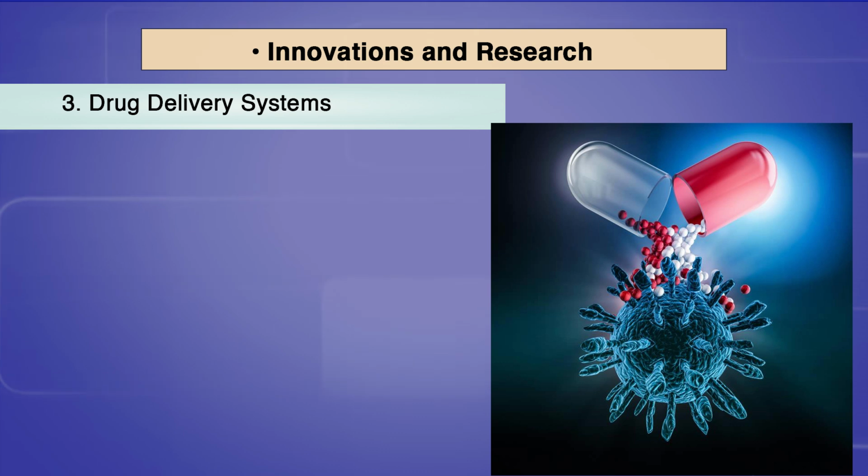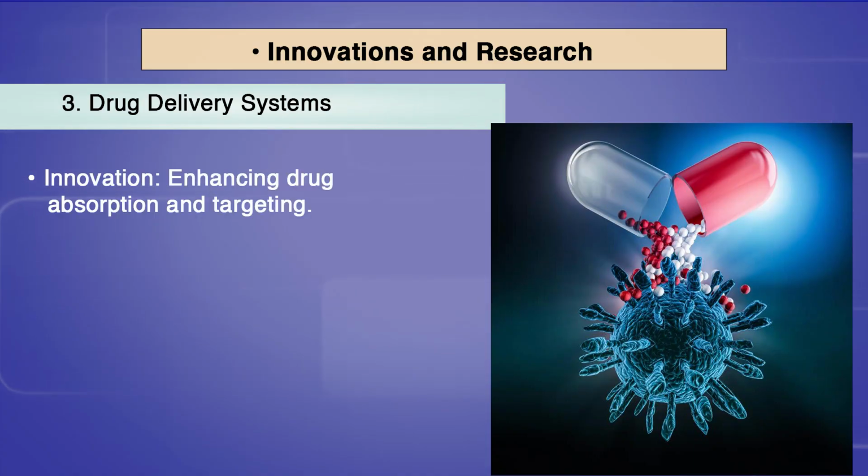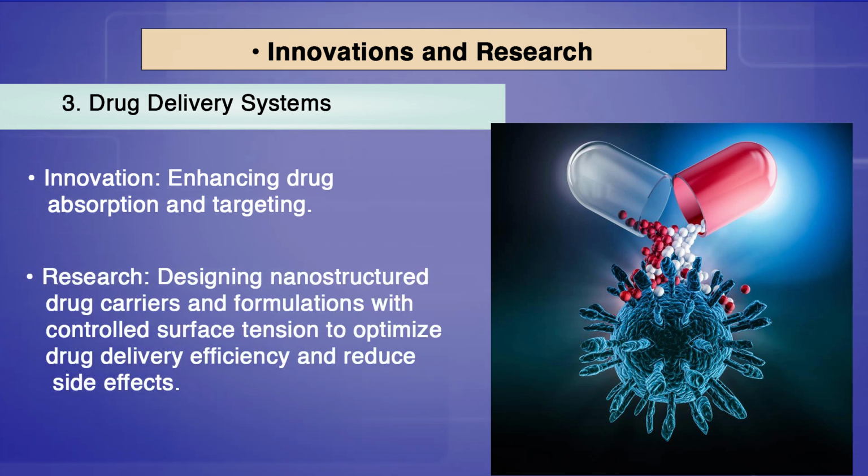Now, next one is the drug delivery system. You know well that nowadays the drug delivery system is being improved in our daily life. Everyone requires this kind of innovation and research. Innovation is for enhancing drug absorption and targeting. Research is for designing nanostructured drug carriers and formulations with controlled surface tension to optimize drug delivery efficiency and reduce side effects.